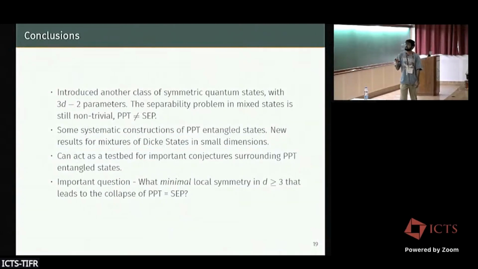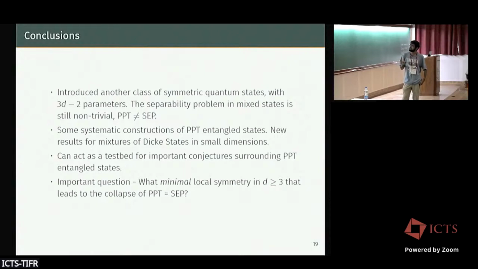So for conclusions, we have introduced another class of states which have 3d minus 2 parameters. The separability problem is still non-trivial. PPT is not equivalent to SEP. And there are some systematic constructions of PPT entangled states. And we have new results for mixtures of decay states in small dimensions. These states can act as a test bed for important conjectures surrounding PPT entangled states.